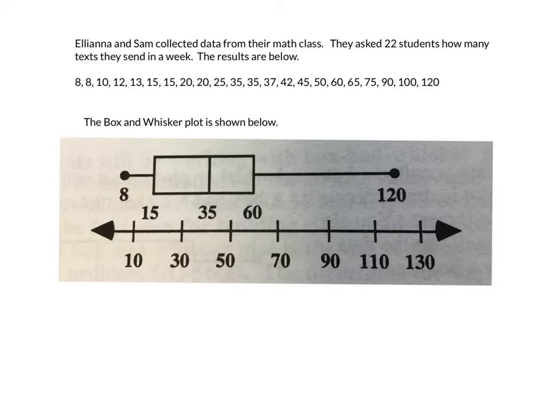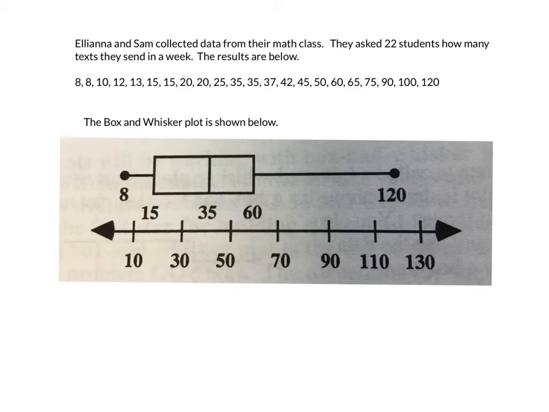So let's talk about where this box and whisker plot comes from and what it means about these students and their texts. First of all, we have 22 numbers, and that means I have an even number of numbers. So the middle is going to be between two numbers, and in this case it's between these 35s.